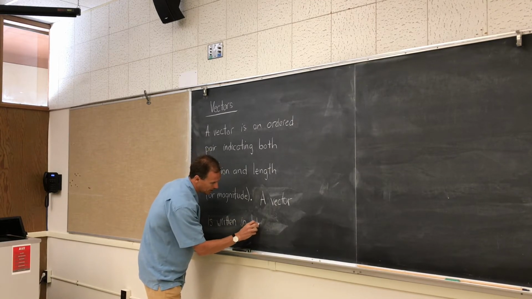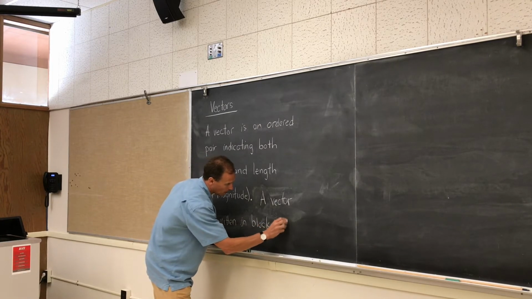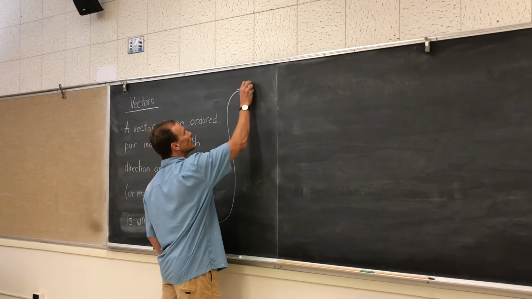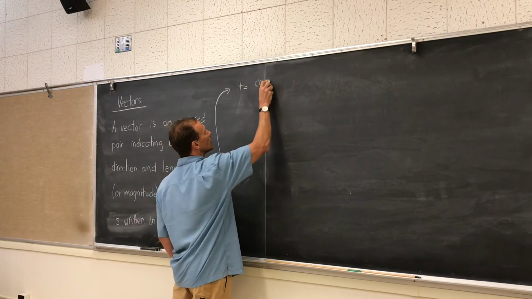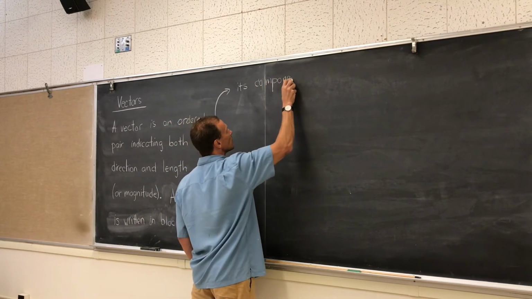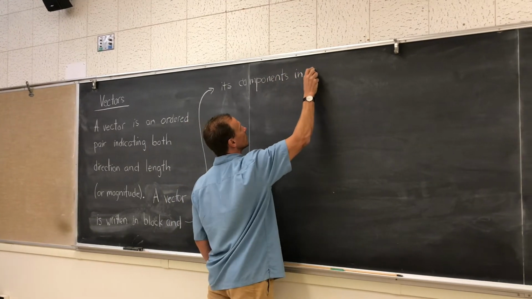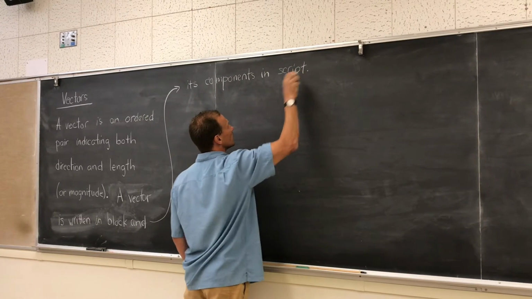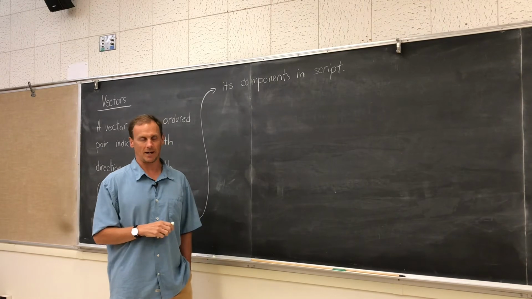A vector is written in block, and its components in script. Okay, so I'll show you exactly what I mean by this.